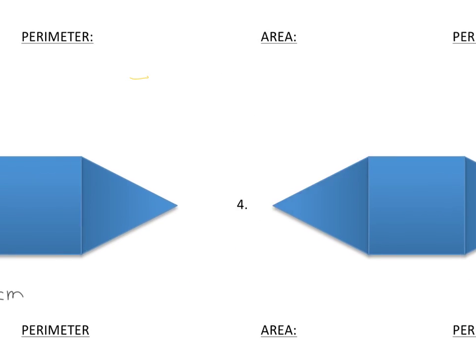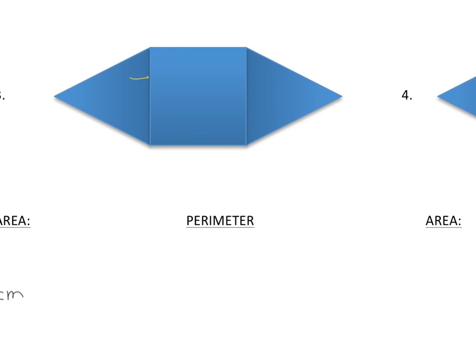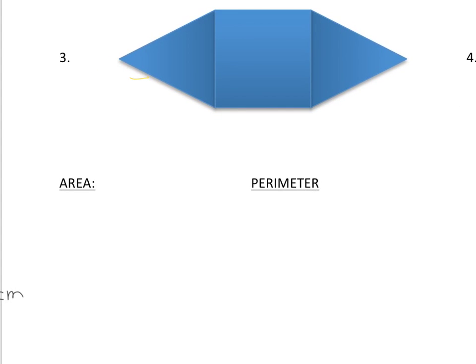Next thing, we'll come down, and now we've got, in number 3, 2 triangles and a square. So I've got 8, I have 3, and I have 3, and I have 8 on top. So the square is going to be 8 to the second, or 64.